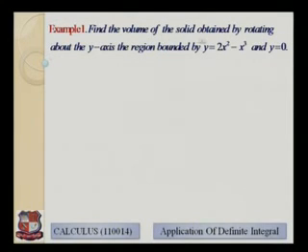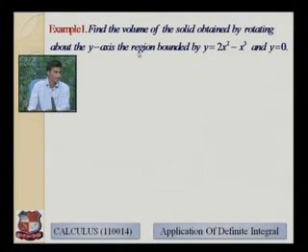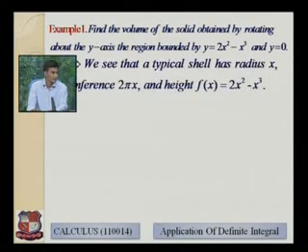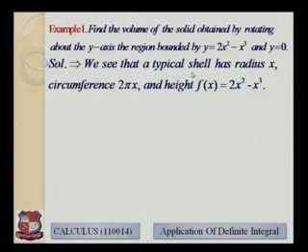Find the volume of the solid obtained by rotating about the y axis the region bounded by y is equal to 2x square minus x cube and y is equal to 0. First of all, we sketch the typical cell.